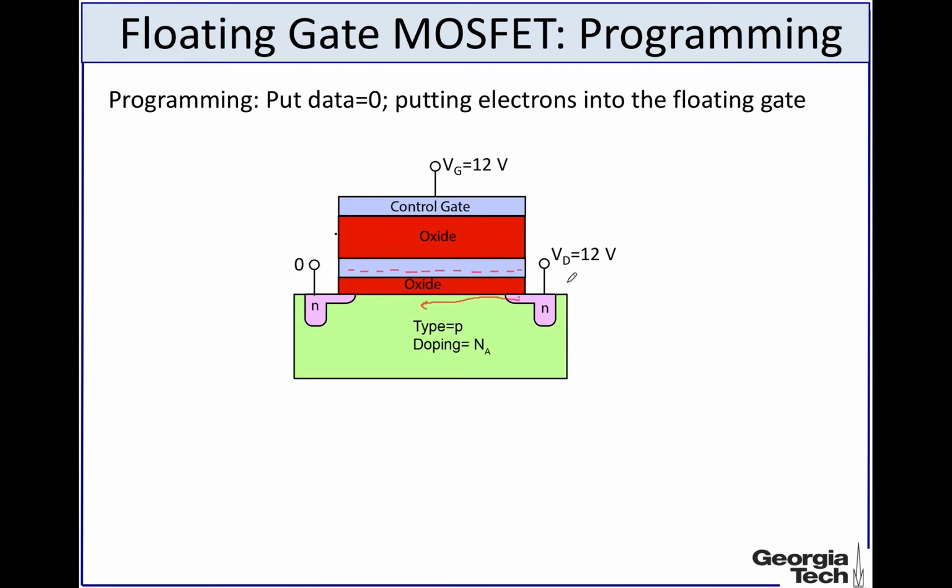So by applying a large voltage at the drain and the gate, you trap some electrons into the oxide, and these electrons actually come from the semiconductor here, or the source and drain. Alright, so this is how you put electrons into the floating gate and program the floating gate MOSFET. Again, putting a data of 0 into a floating gate MOSFET is called programming.